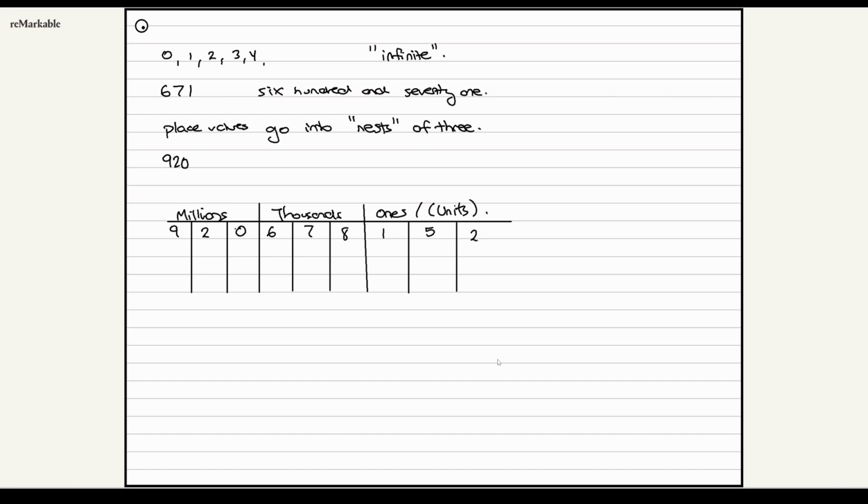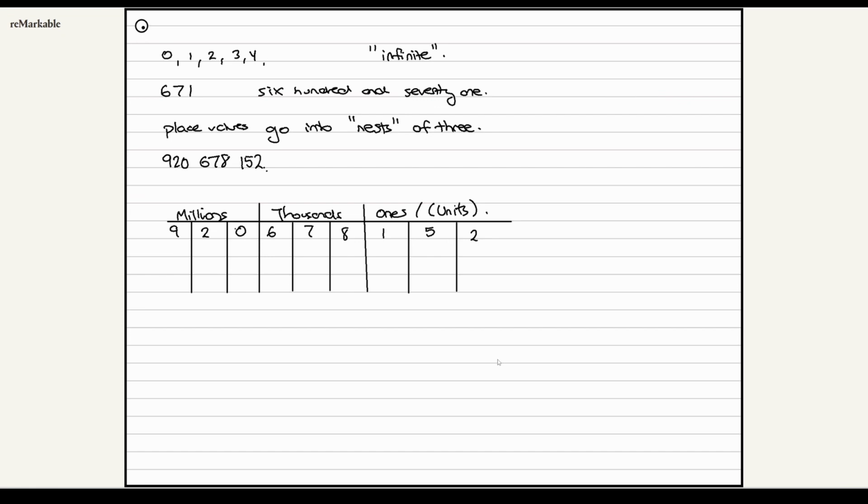But the thing is, it gets a bit more complicated sometimes when the number gets bigger. So how do we word it? Well, 920 million 678,152. And with the 152 part, we don't add anything onto that because that's just our ones. That's what's left over, right?